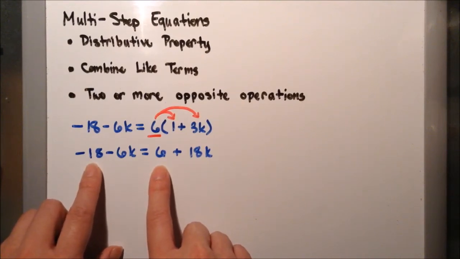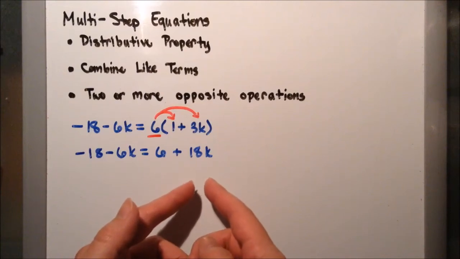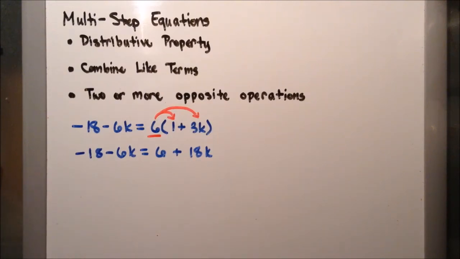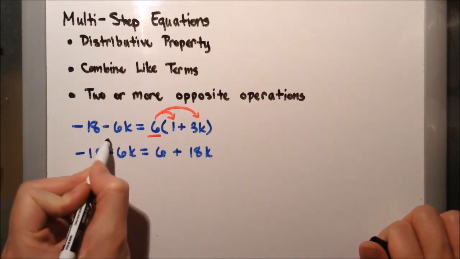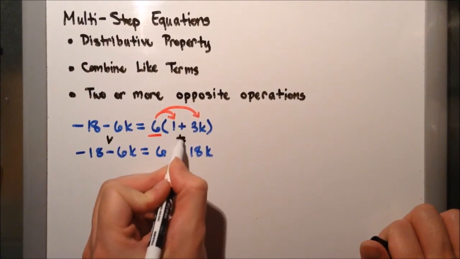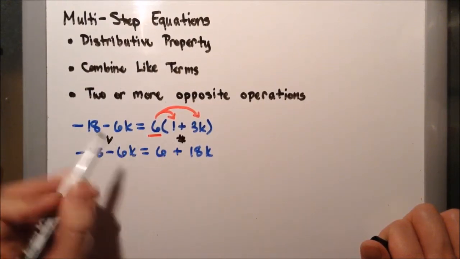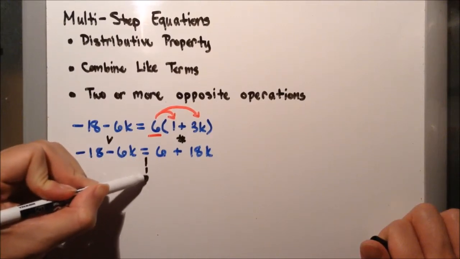What we need to do is to have a variable on one side and a number on the other side. So typically, I tend to have my variable on the left side. So over here I'm putting V for variable, and now here I'm putting number on the right side. So my left side will have variables, my right side will have numbers.